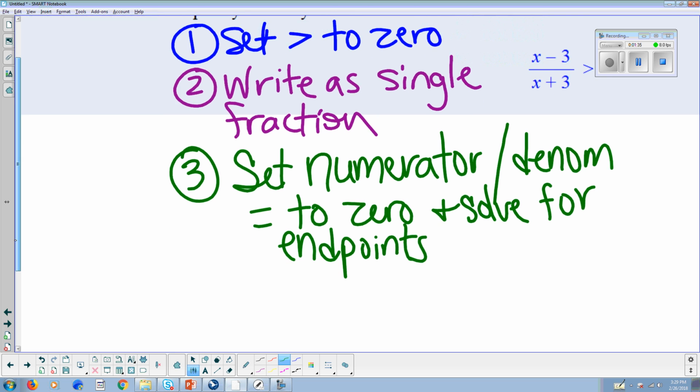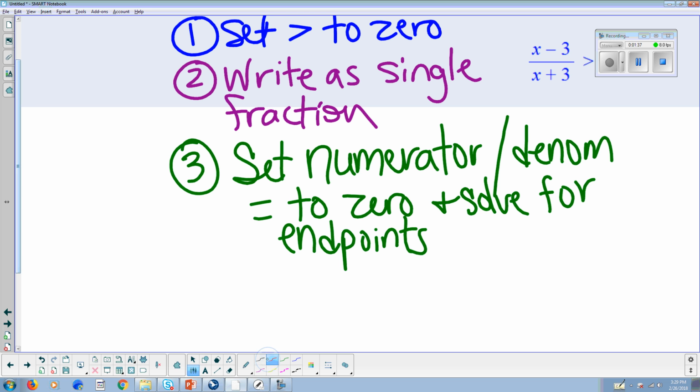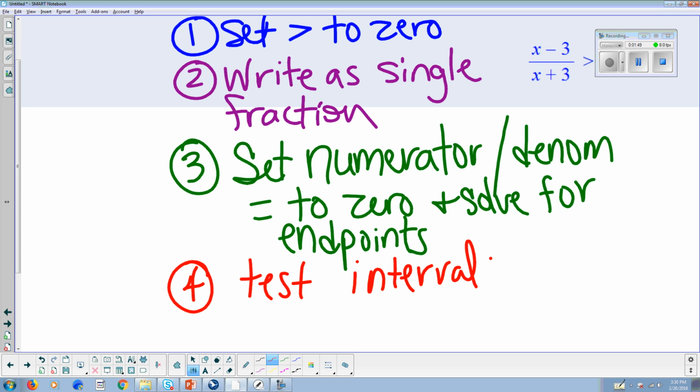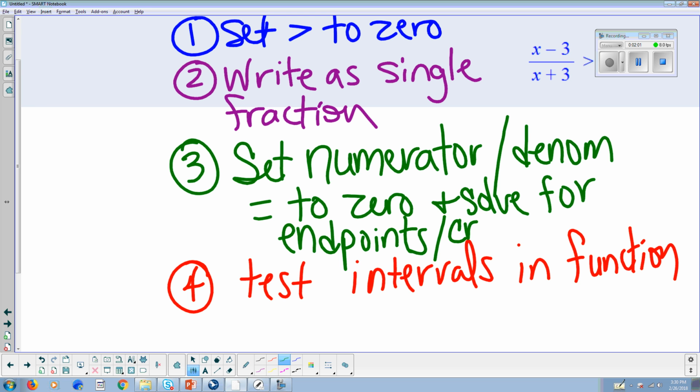After we set equal to 0 and solve for endpoints, our fourth step will be to test intervals in the function. And I guess in step 3, I should have also said solve for endpoints and create intervals.